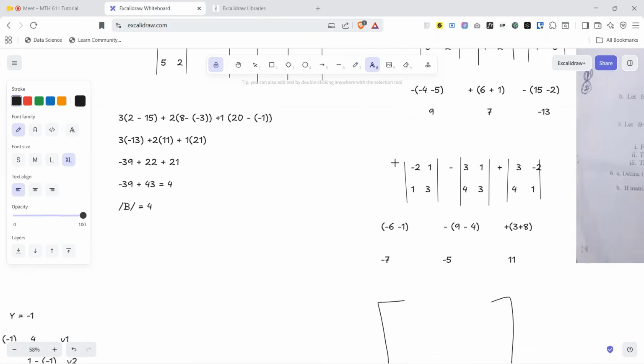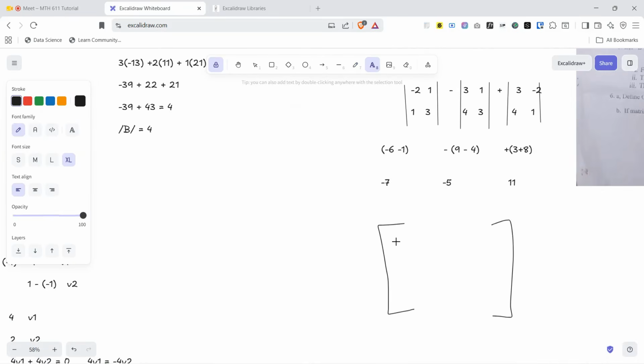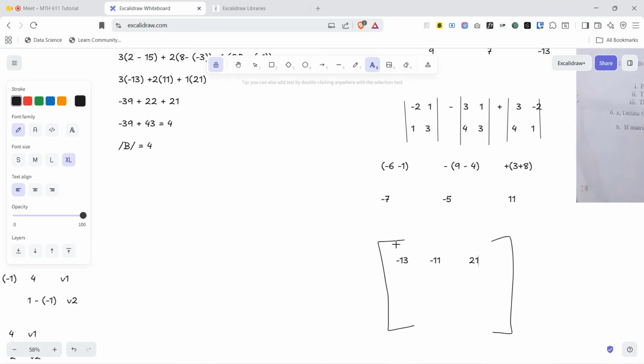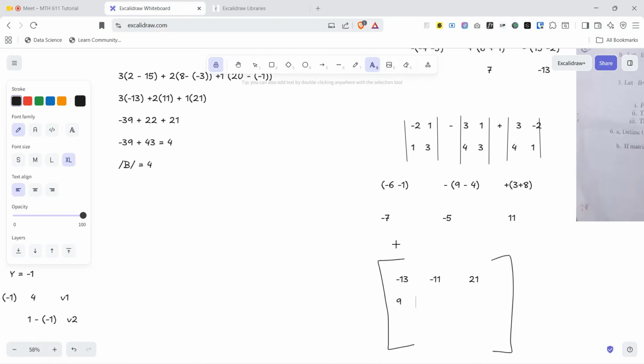So we have minus 13, minus 11, right? Then 21, then 9, 7, minus 13, minus 7, minus 5, 11.